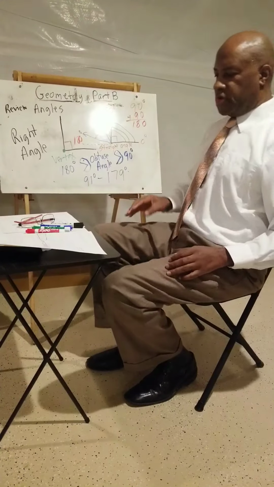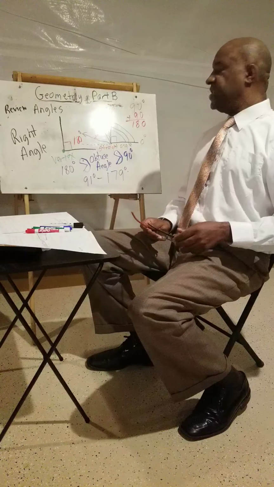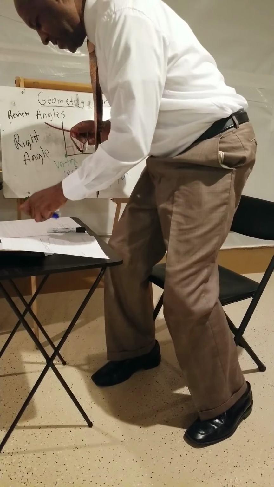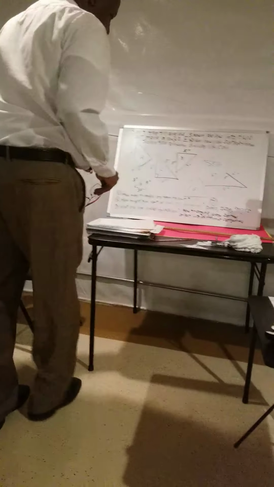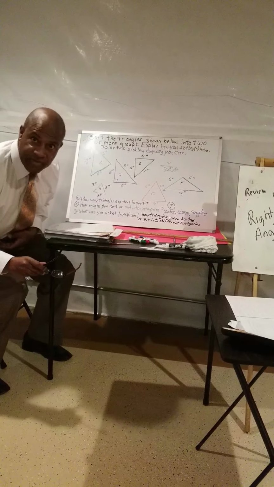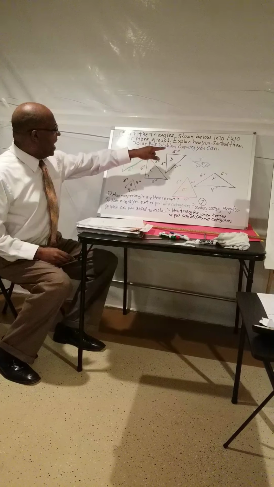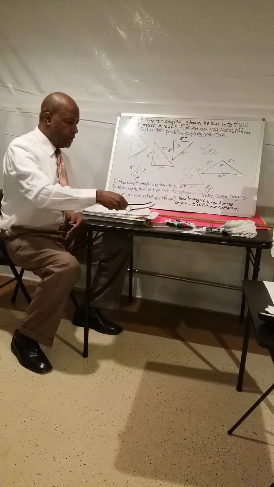Now, having said that, this is a time, boys and girls, where we would pause again, because we would come back to our solve and share. Explain how you sorted these 7 triangles.